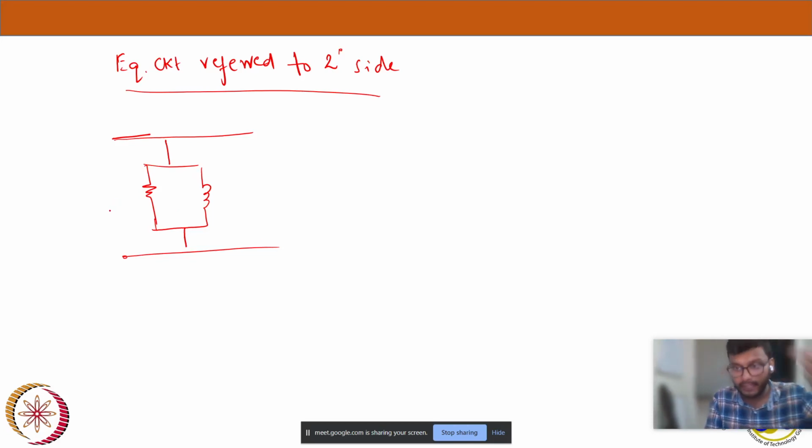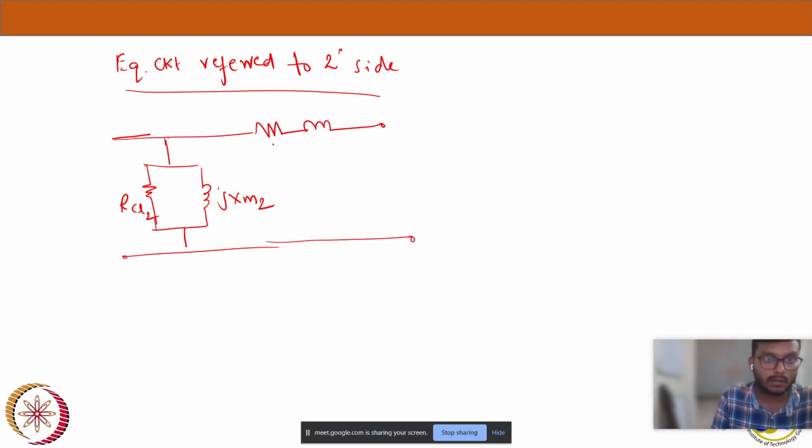Now since we are referring the primary to the secondary side, we will give the names core loss resistance RCL2 and this one is jXM2, and this side we have resistances RE2 then XE2.